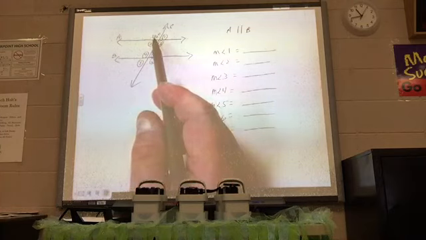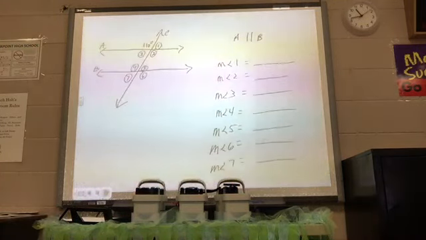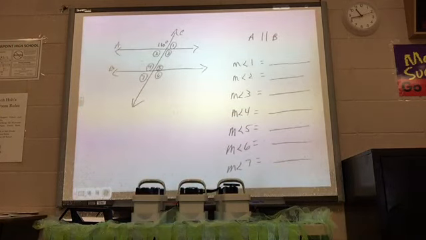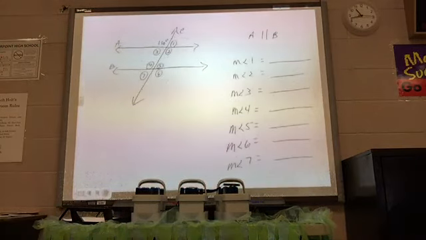I'm telling you, this one is 110 degrees. This is 110. Find the other 7 angle measures.